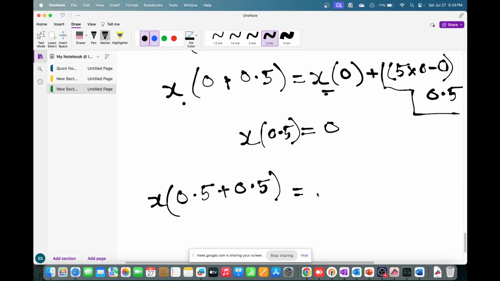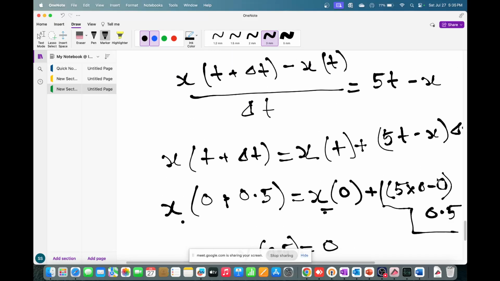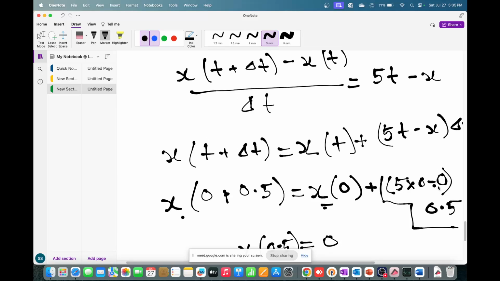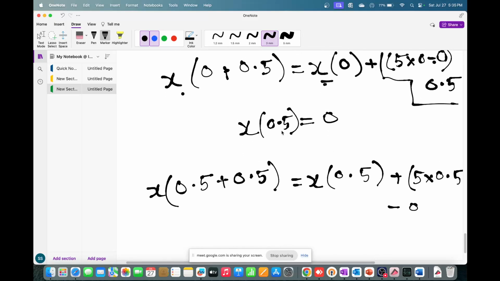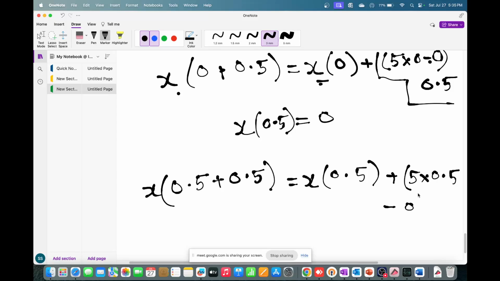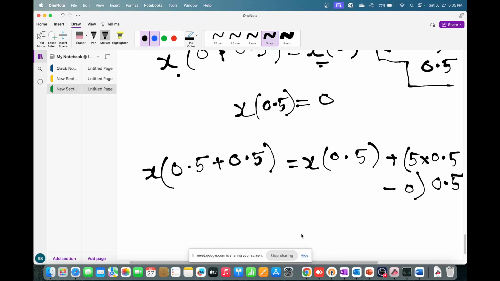So how does this look? x of 0.5 plus 0.5 into 5 minus x of 0.5. x of 0.5 is 0, so this will be 0 again.